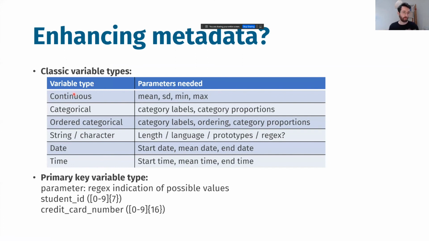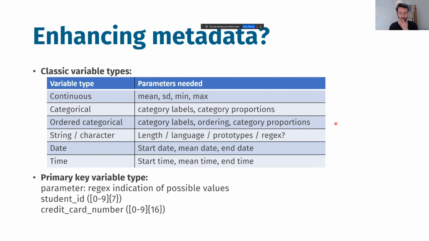So we have continuous variables, categorical variables, ordered categorical, string, character, dates, and times. And there are some parameters associated with those if you pick the canonical data generating model. So mean, standard deviation, maybe the minimum, maximum, category labels, category proportions.